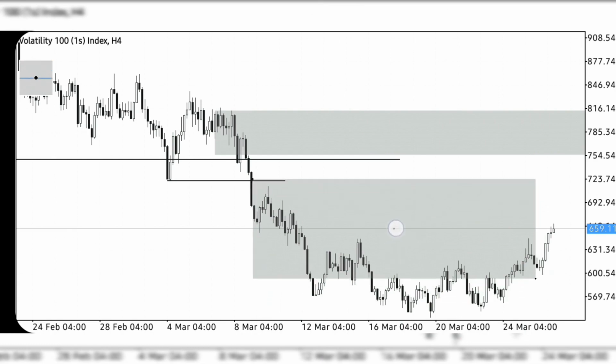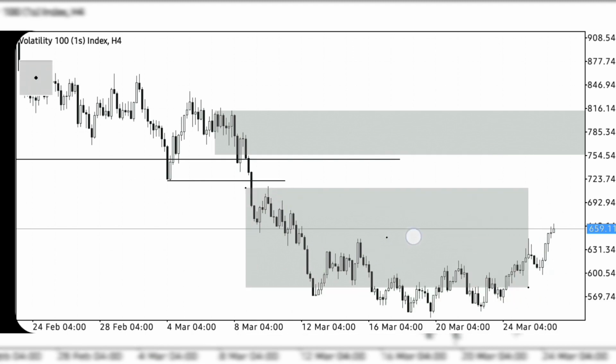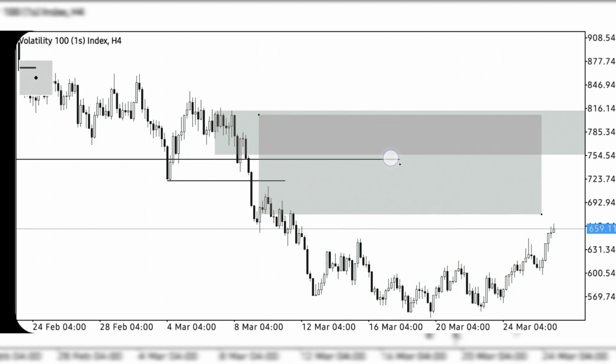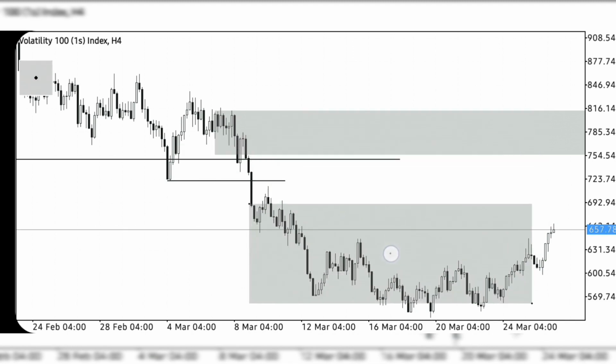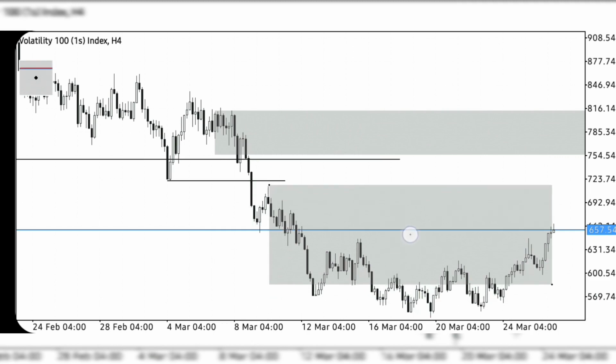And you can see where the range structure started after breaking this low. We had a movement back, but the movement did not enter into this area. So my range structure starts from this high down to this low.